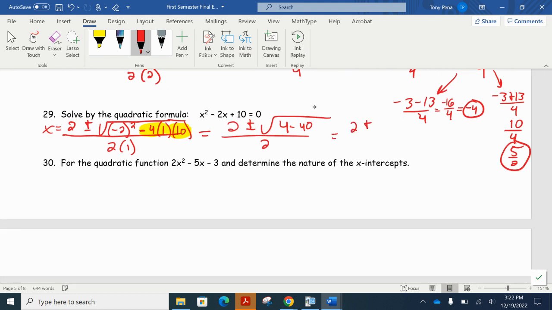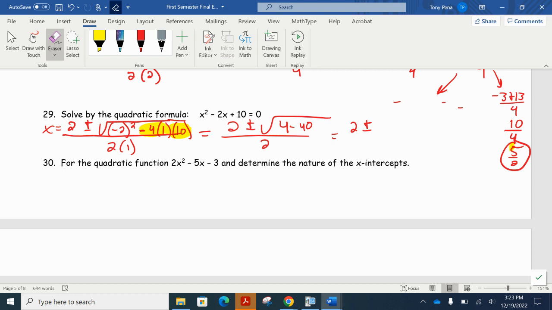I will get 2 plus or minus. Create some space, erase this previous one. Okay, that pen's a little tired, I hope. That's the problem.